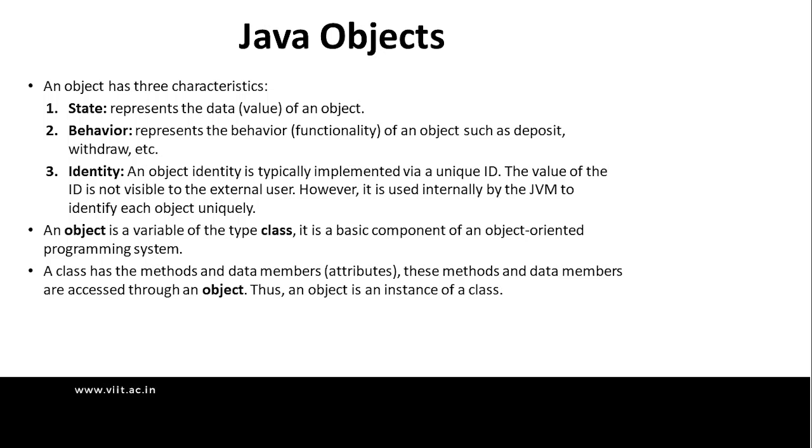An object is a variable of type class. It is a basic component of an object-oriented programming system. Class has methods and data members like attributes, and these methods and data members are accessed through an object. Thus, an object is an instance of a class.